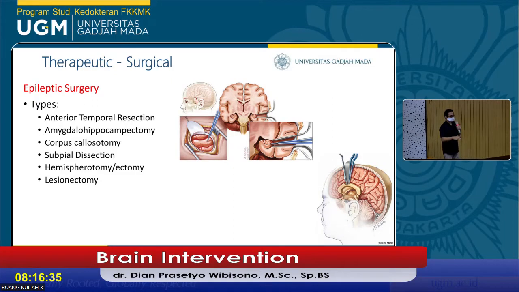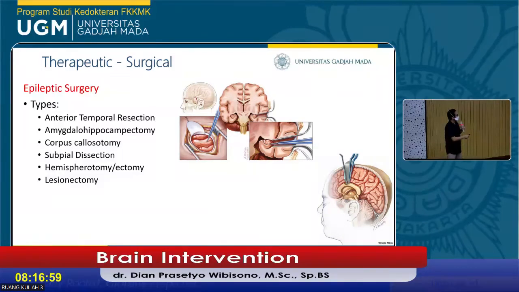It depends on the cause of the seizure, because epilepsy or seizure can have many different etiologies. For example, maybe a tumor. Tumor can cause epilepsy. If the tumor is the one that caused the epilepsy, we have to remove that lesion, the tumor.